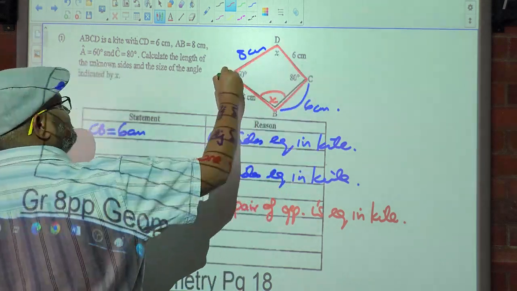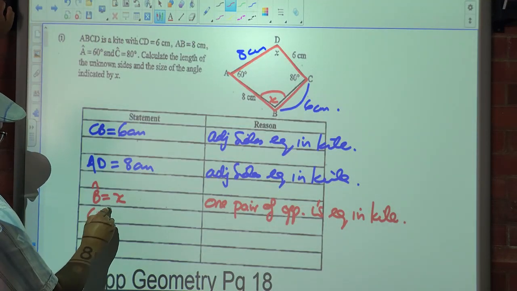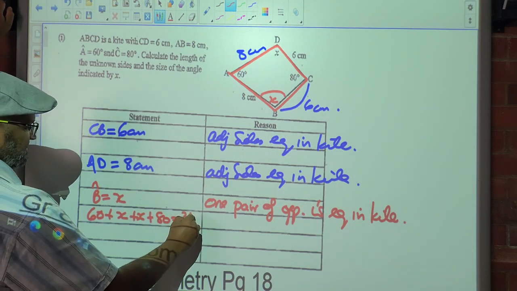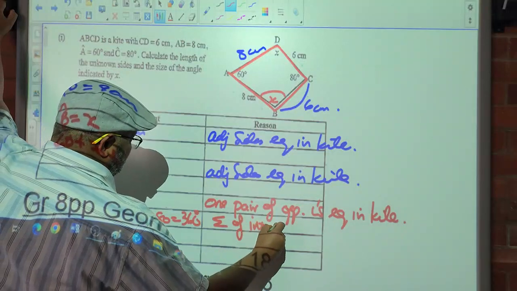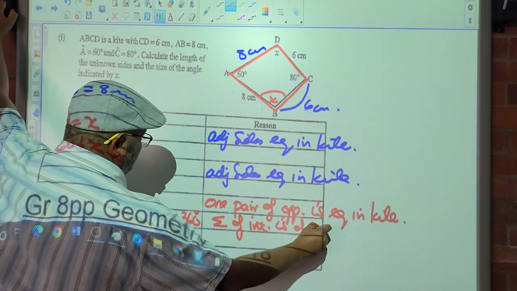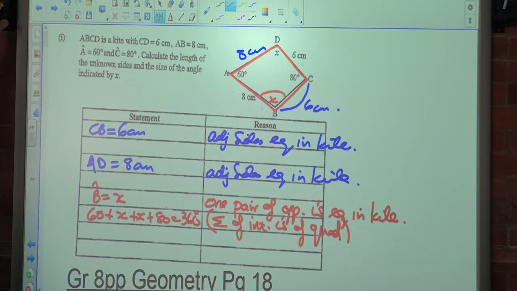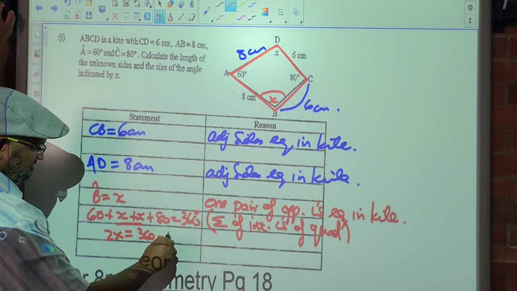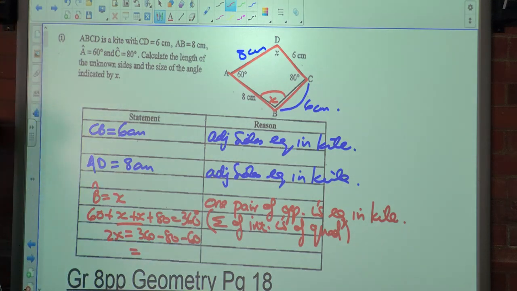Interior angles of a quad, or sum of the angles in a quad. So it's going to be 60 plus X plus X plus 80 equals 360. Why? The sum of interior angles of a quad. Okay. That's going to give us 2X is equal to 360 minus 80 minus 60, which is 220.